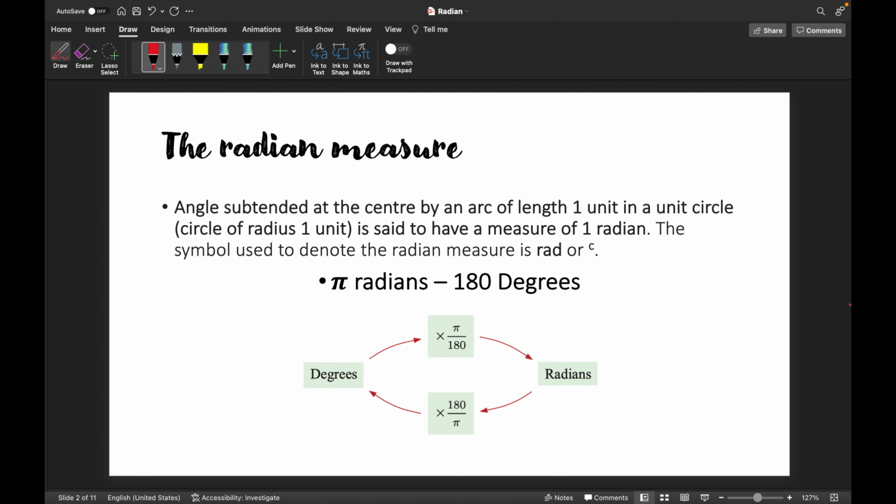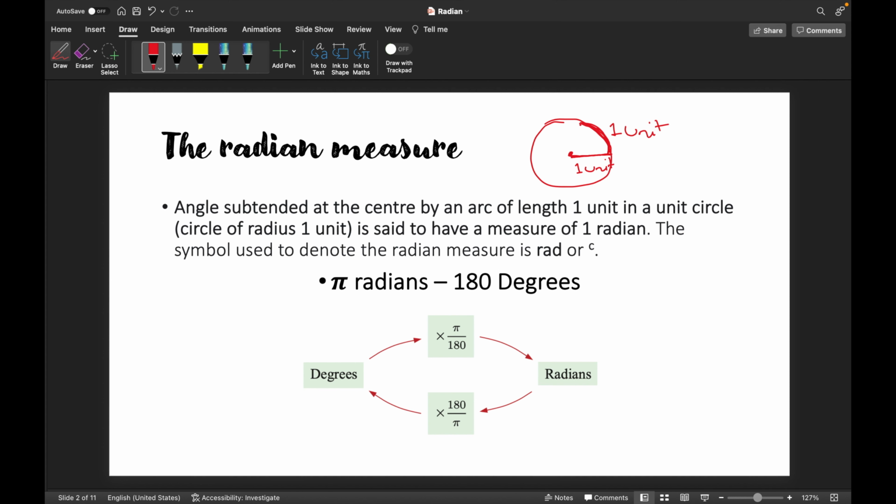Okay, so if this is a circle, it's going to have a radius, let's say 1 unit, and then the length of the arc will also be 1 unit.